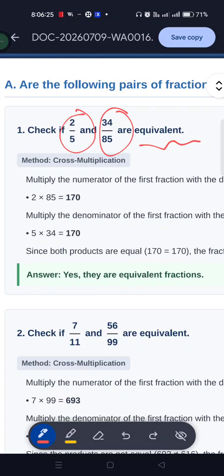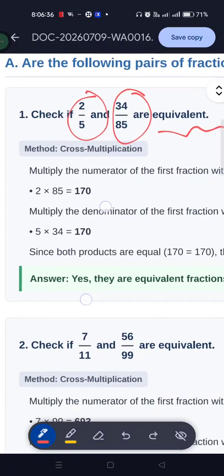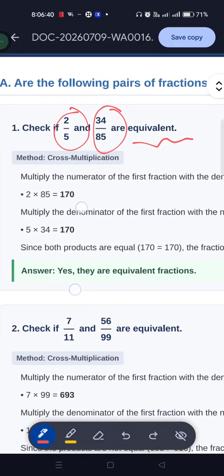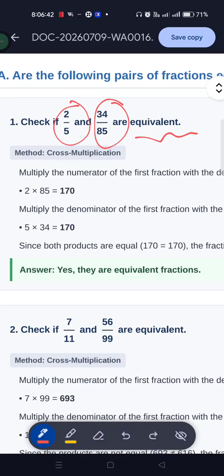So what is the trick of finding the equivalent? I have told you in class how you will find the equivalent. Here I will also tell you once again. First of all, you can see here 2 upon 5.